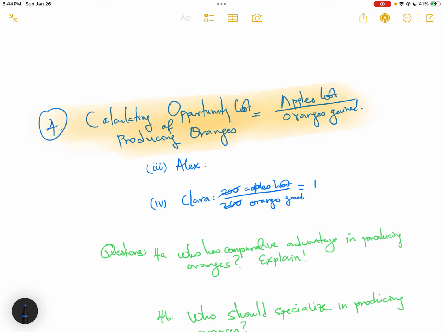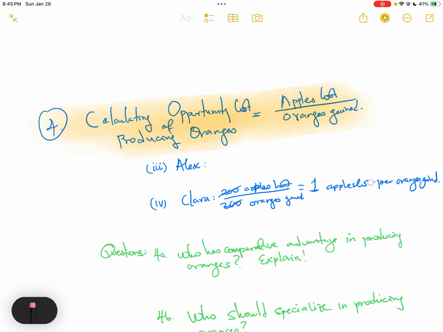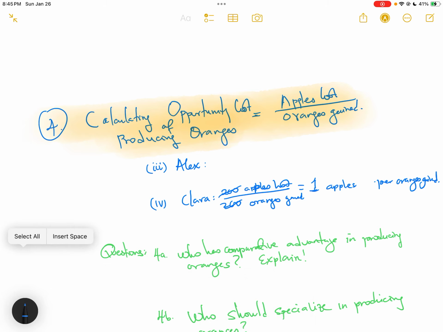And so when we do the calculation, the value will be 1 and the unit will be apples lost per orange gained. Pardon my handwriting, it's slowly just losing it.